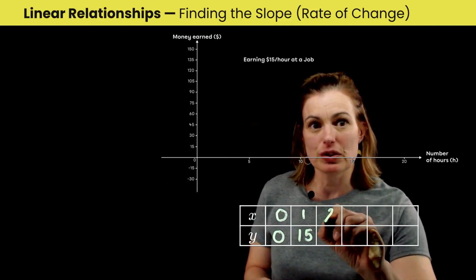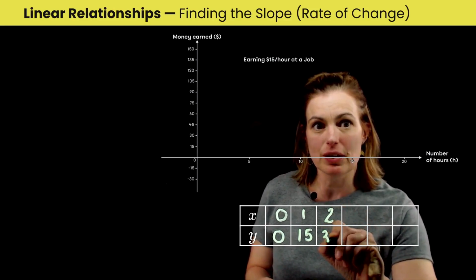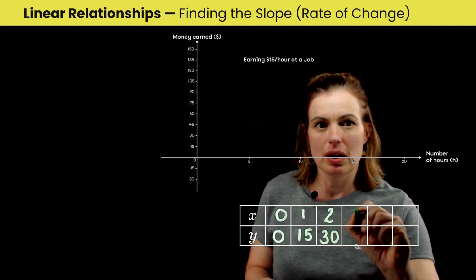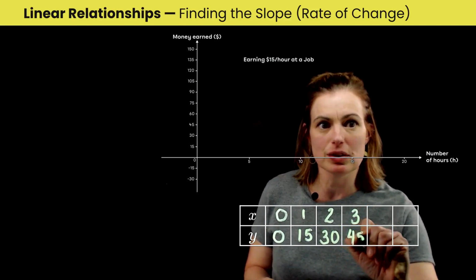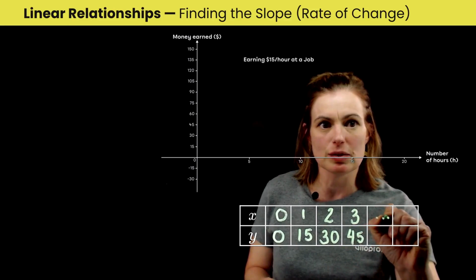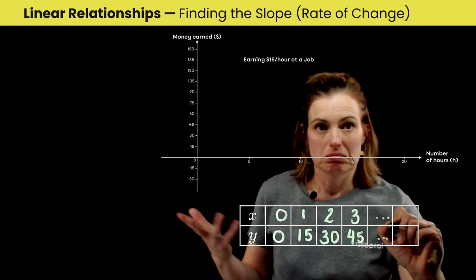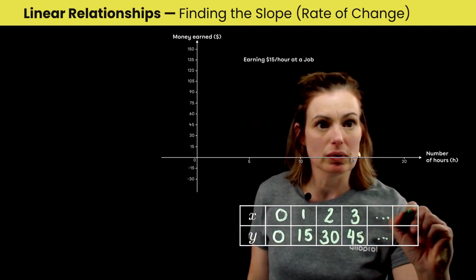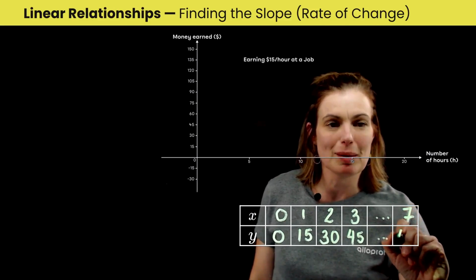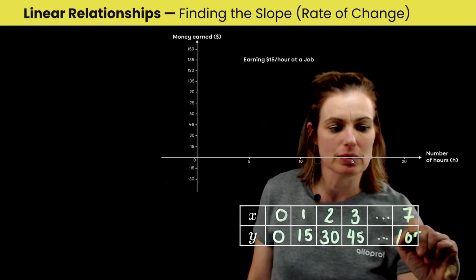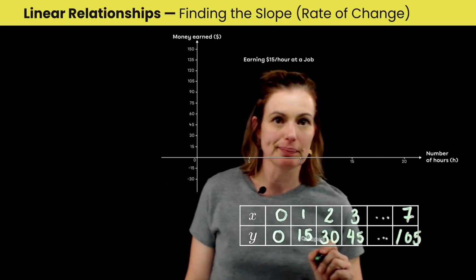If the person works 2 hours, they're going to be making $30. If they work 3 hours, they're going to be making $45. And we can continue this pattern for any number of hours we want. So let's say the person works 7 hours, they're going to be making $105 as we continue this pattern.